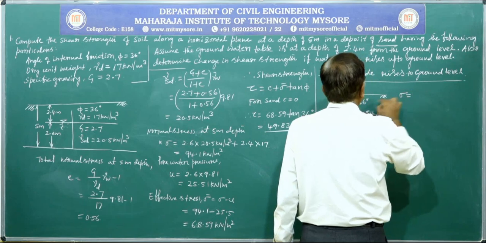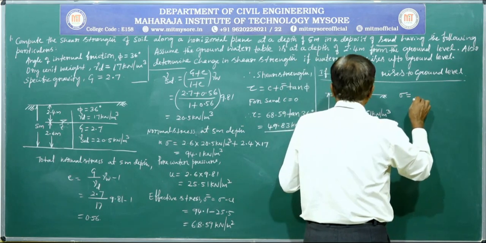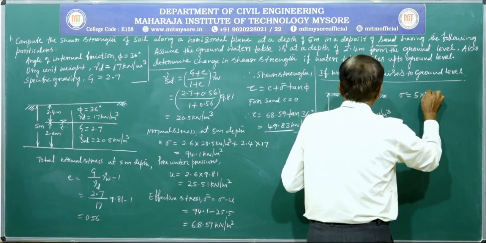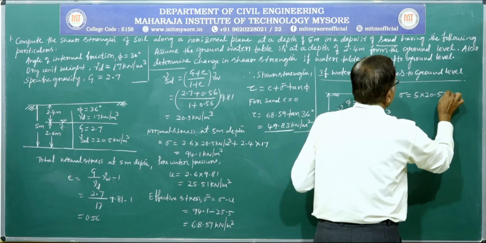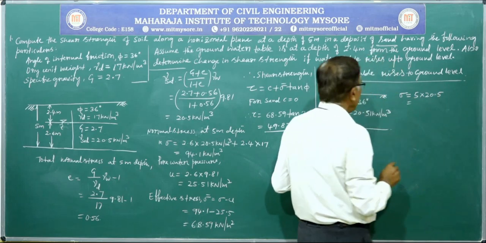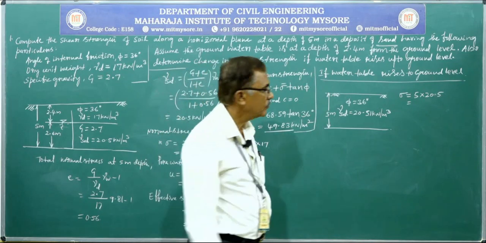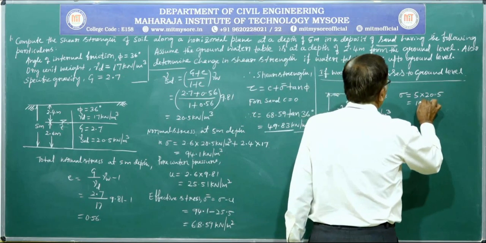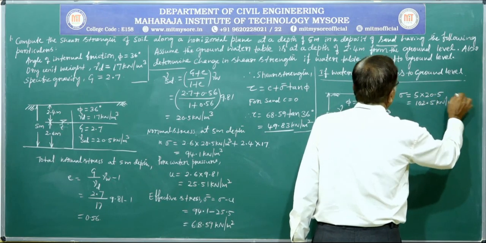Total normal stress sigma is equal to 5 into 20.5, that is equal to 102.5 kilonewton per meter square.